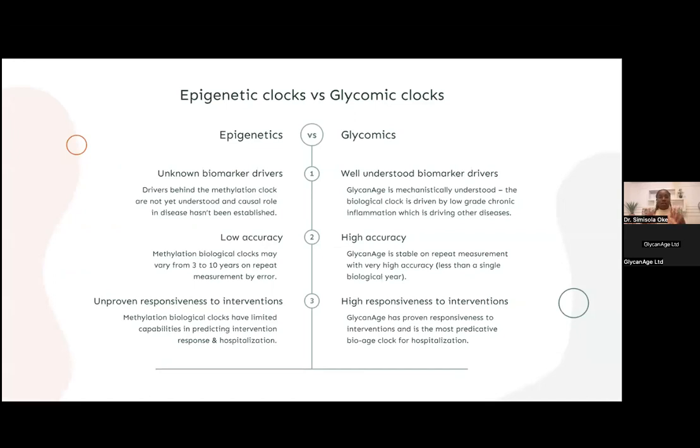So just a quick comparison between glycans and epigenetics, because I think these really are the two clocks, to me anyway, that stand out as the forerunners in this space. When it comes to epigenetics, because some of the clocks look at sites that are not known, it is really difficult to understand and analyze them.